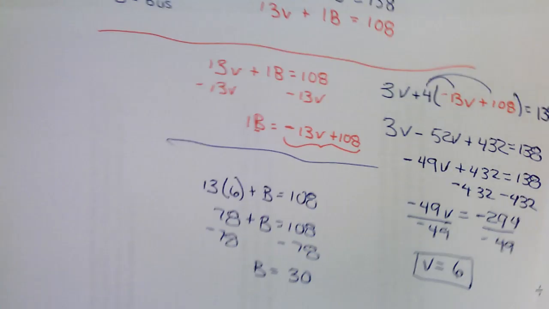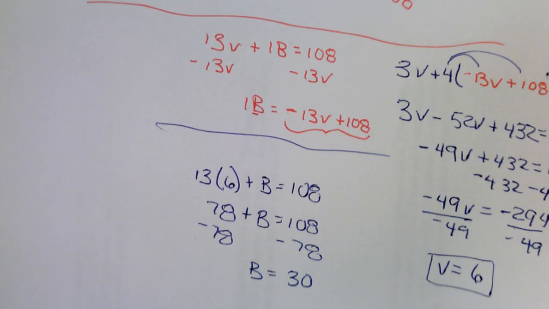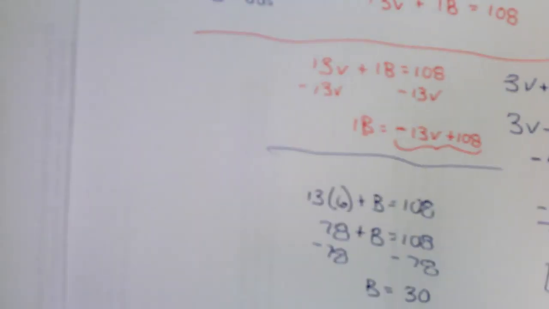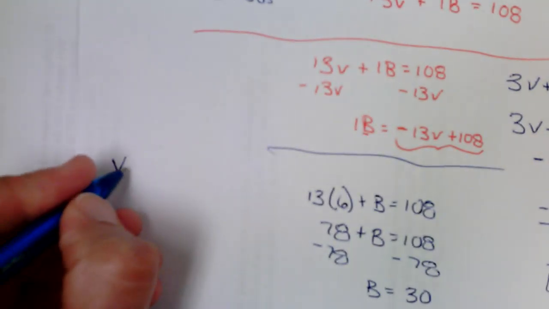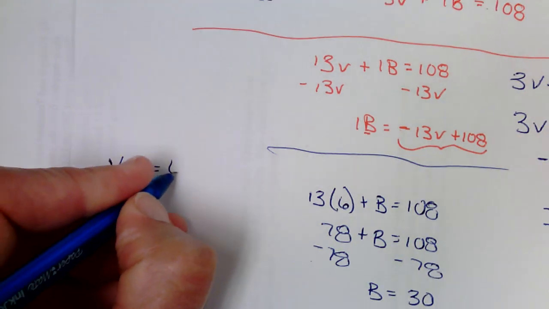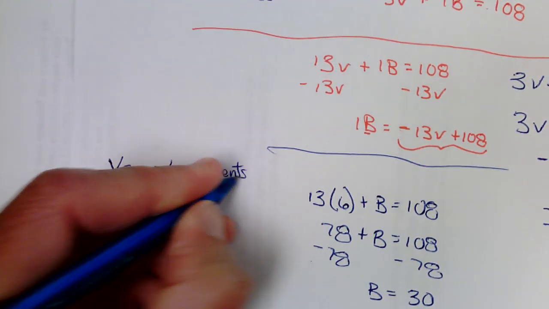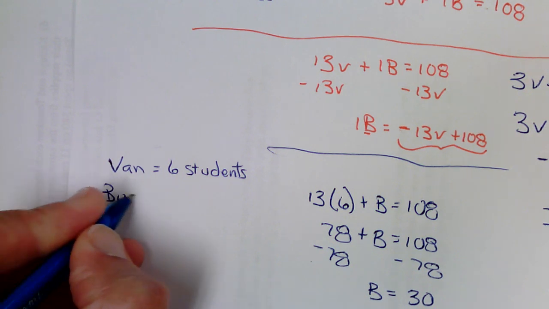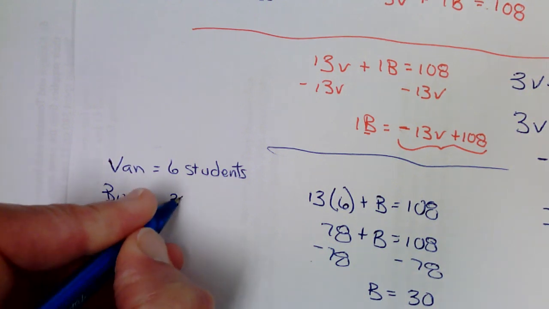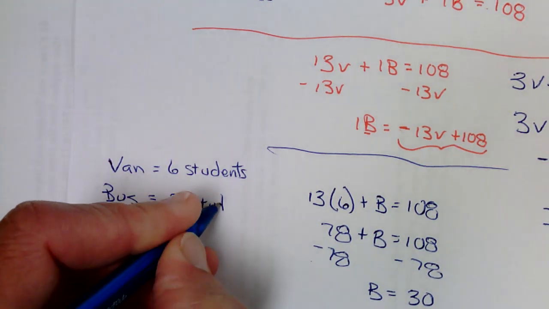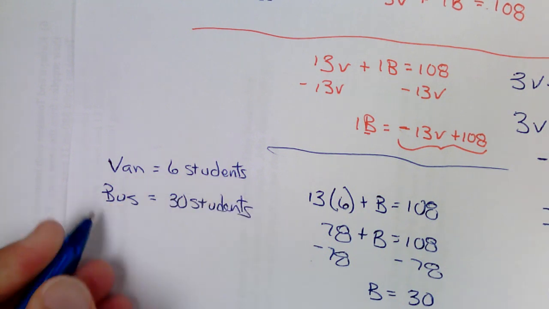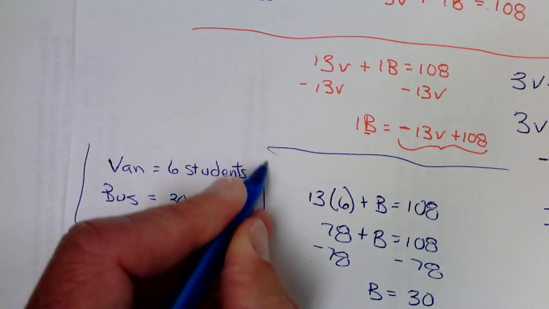All right, B equals 30. So what this means is our final answer is that each van has 6 students and each bus has 30 students. And there's our final answer.